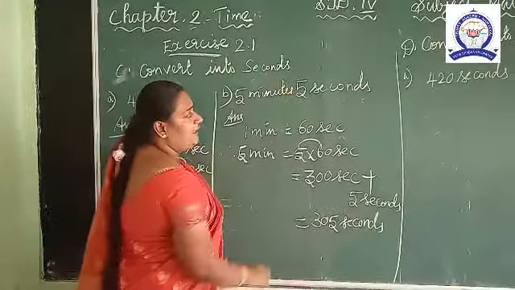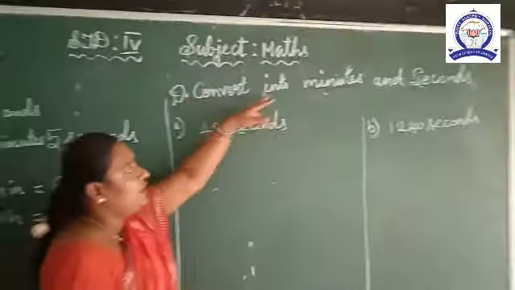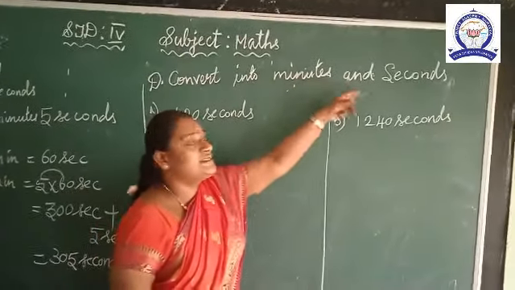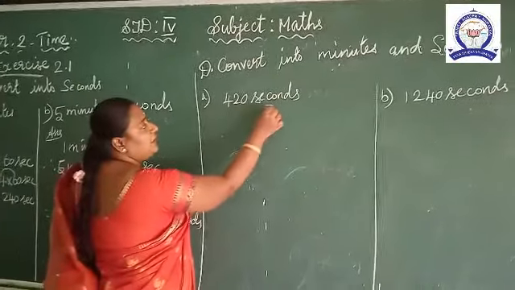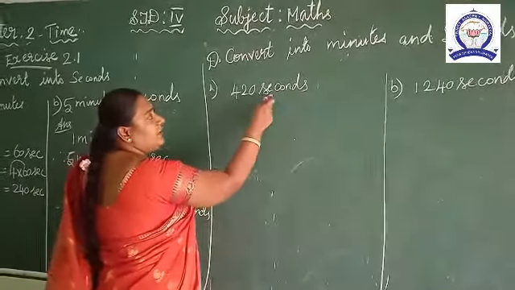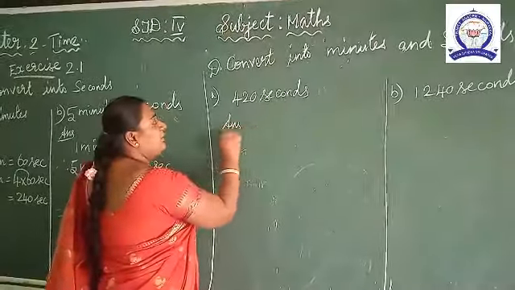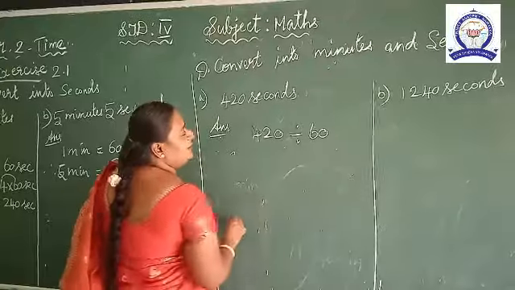That is 305 seconds. Next question D. Convert into minutes and seconds. 420 seconds. To convert seconds into minutes, we have to divide. So answer: 420 divided by 60.